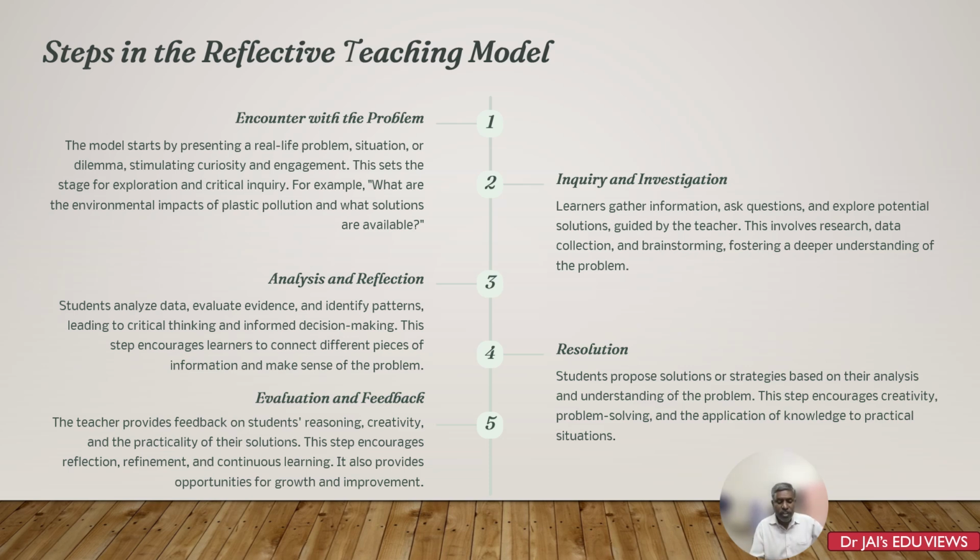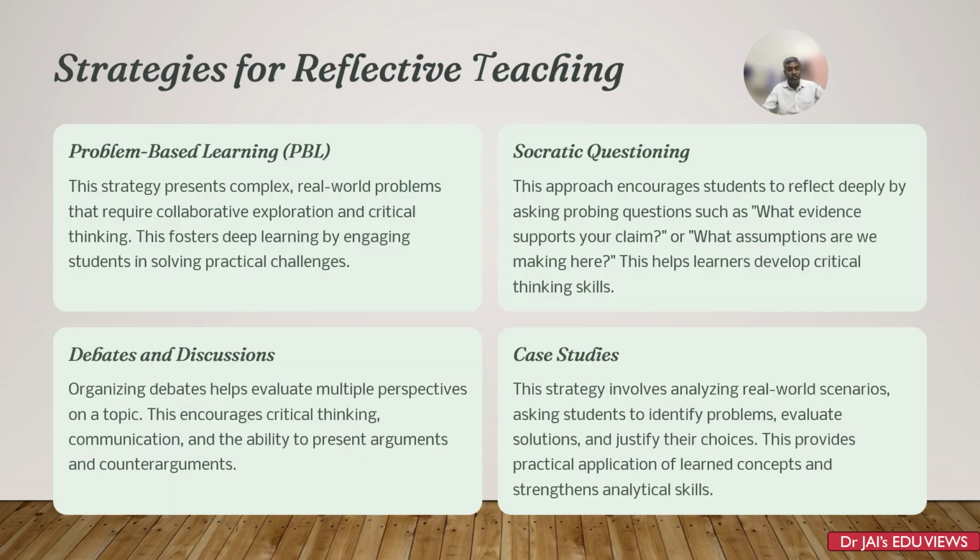We provide feedback on students' reasoning, creativity, and practically finding the solution for the problem, then their responsibility in learning will increase, and they will find the feasibility of the proposed strategies and suggest improvements for the particular problems. So in this way, with these 5 steps, we have to implement the reflective model for better teaching.